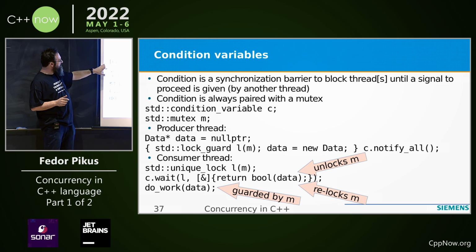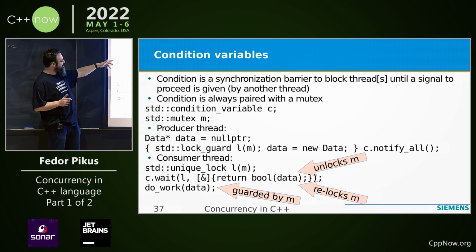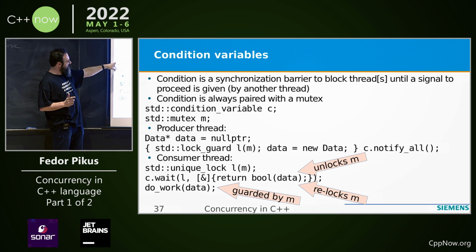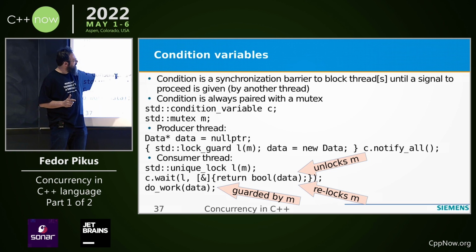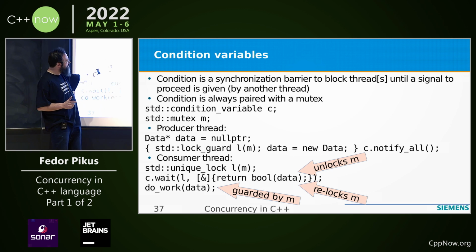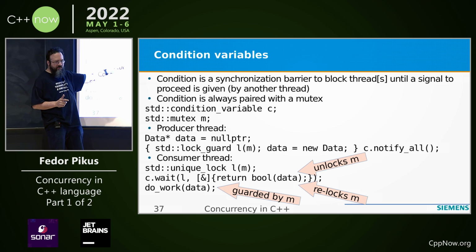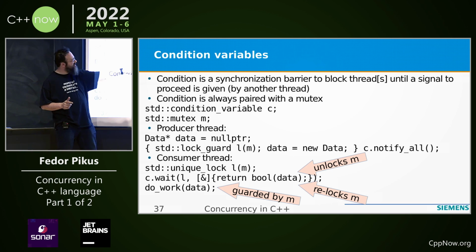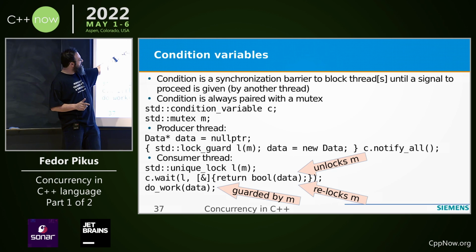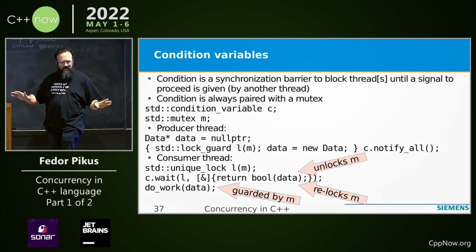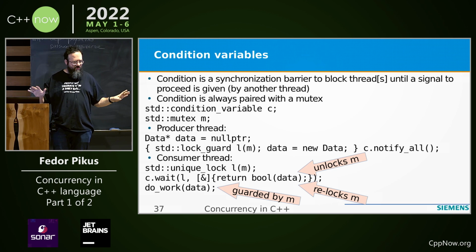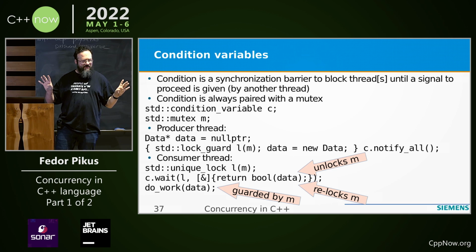So this is how you transfer data from one thread to the other. The producer locks the mutex, constructs the data that is guarded by the mutex, and notifies the condition. In pthread language, that's called signaling the condition. It has nothing to do with signals. Signaling the condition has nothing to do with signals in the Unix sense.